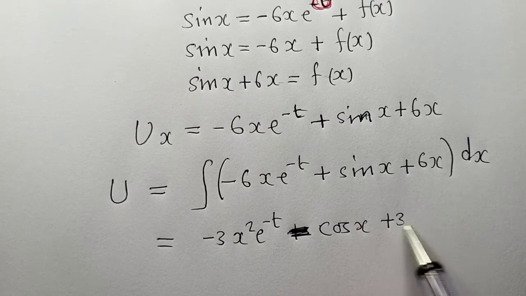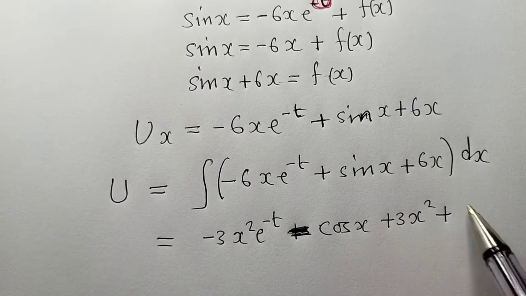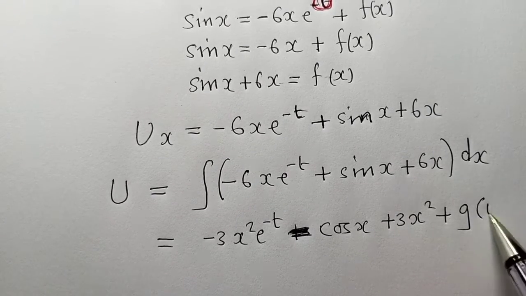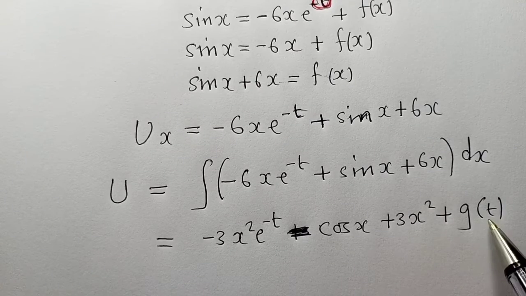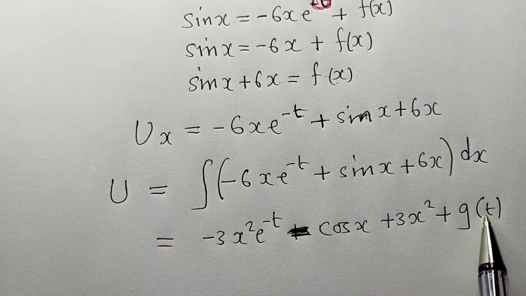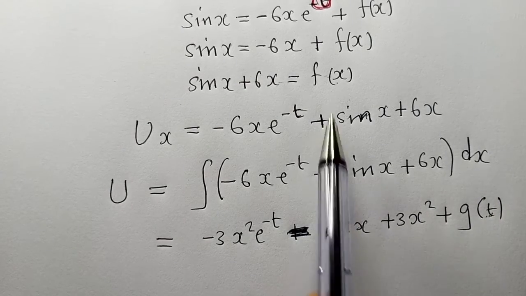Here it will be plus 3x power 2. And then we say plus some function which we don't know. So we shall say g of t. This time around we put t. Here we said x. Now here we put t.